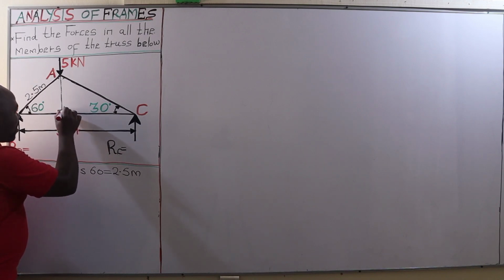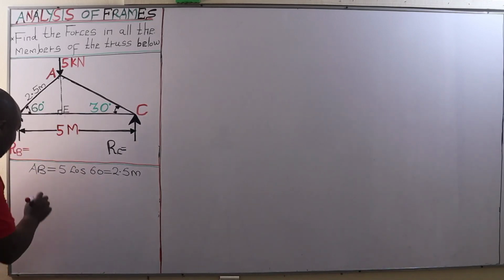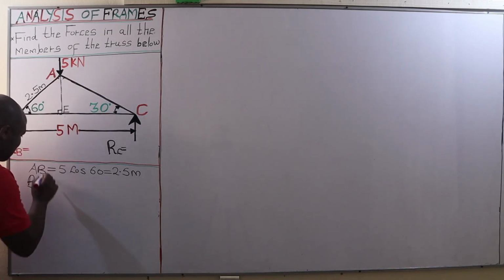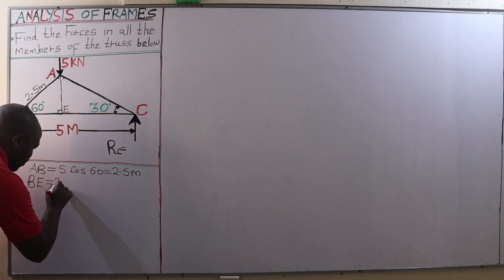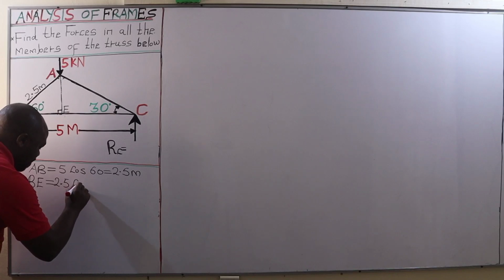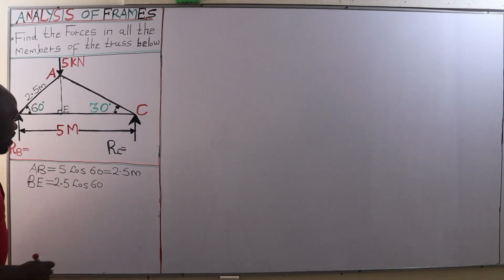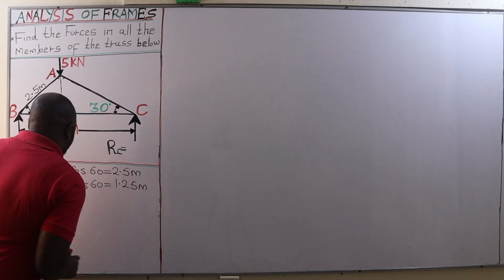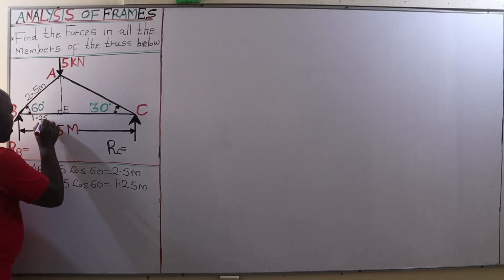If we call this point E, the length of BE, that is the distance of action of these 5 kilonewtons from B, is going to be given by 2.5 meters multiplied by cos 60, the angle at B, and that's going to be 1.25 meters. Therefore, the distance from B to E will be 1.25 meters.